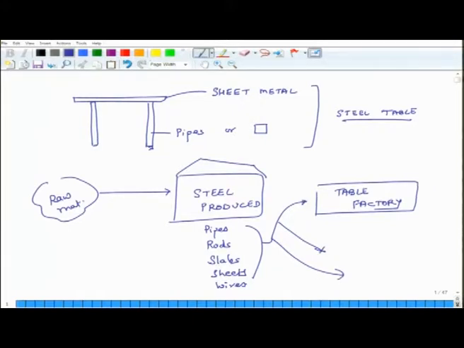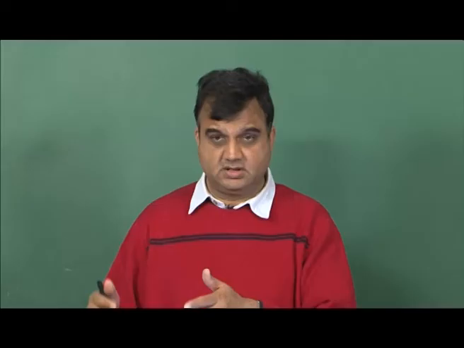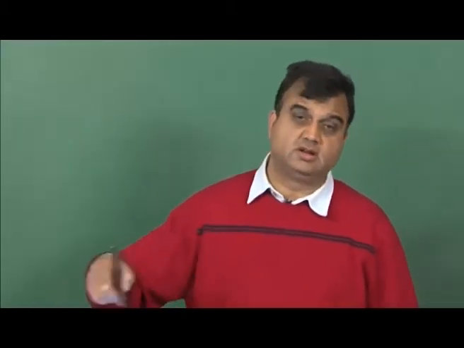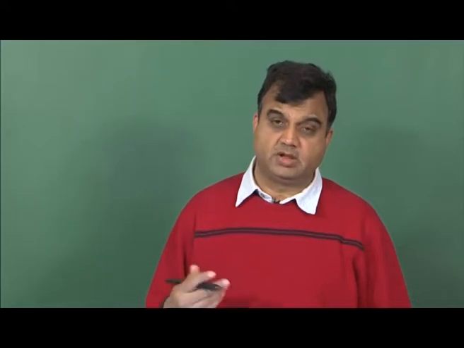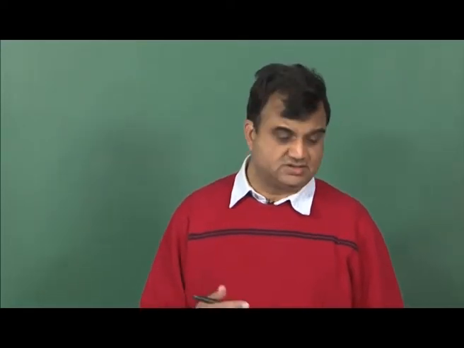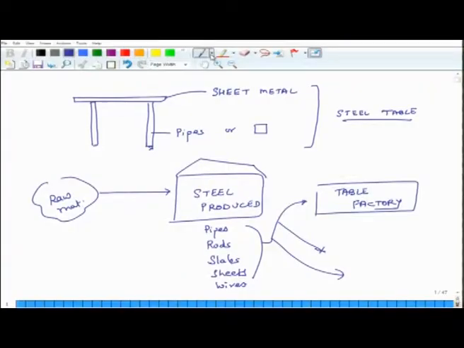The point I am trying to make is that the material itself is produced at one stage and the end product is produced in the second stage or in subsequent stages. This is how traditional products made from traditional materials are fabricated. Now, in case of composites, it is a little different.